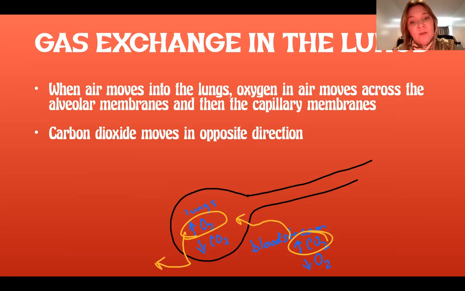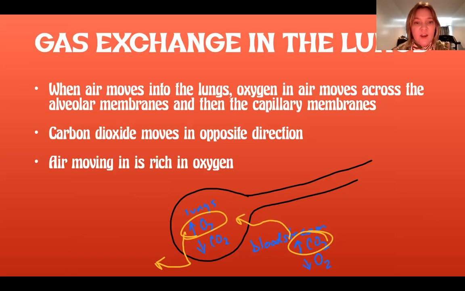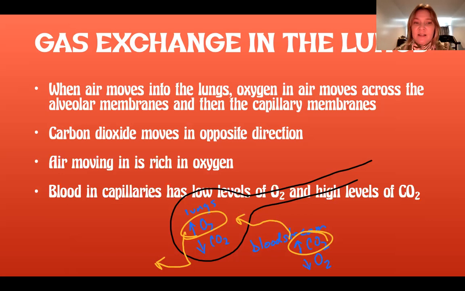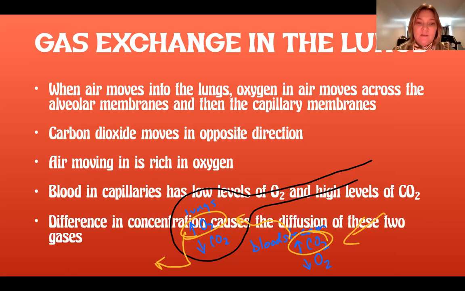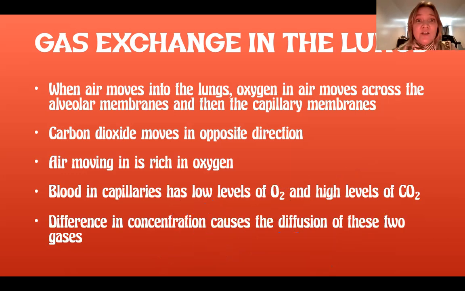It's going to go from the blood to the lungs. Oxygen goes from the lungs to the blood. So the air moving in is rich in oxygen. The blood in the capillaries has low levels of oxygen and high levels of CO2, just like here. The difference in concentration causes the diffusion of the two gases, like I just illustrated.